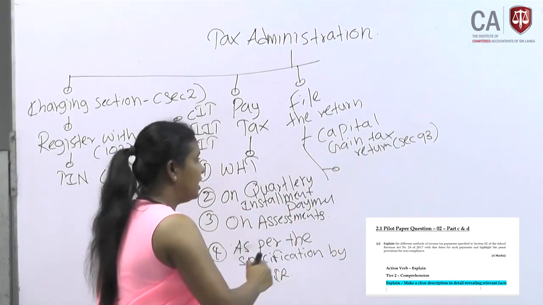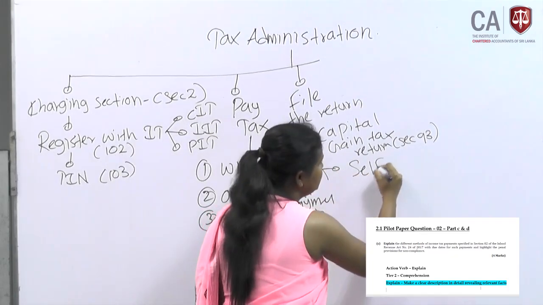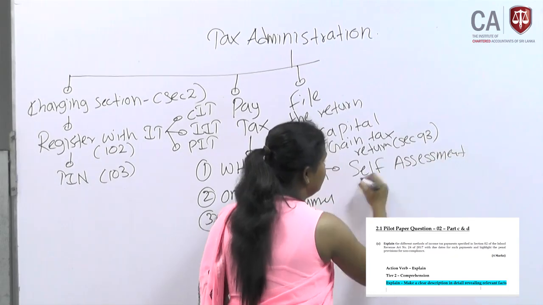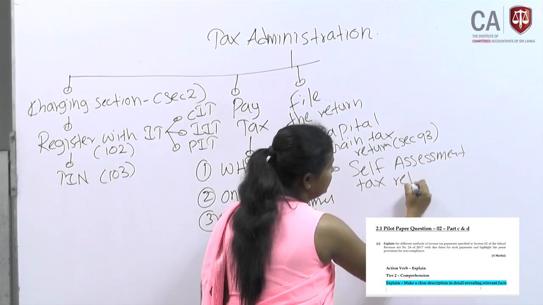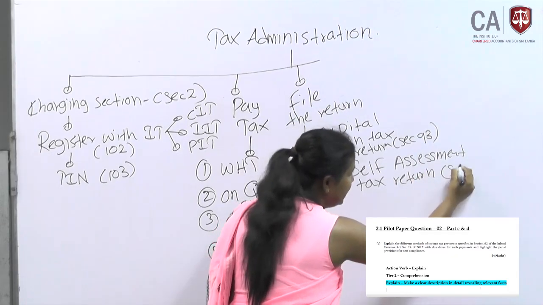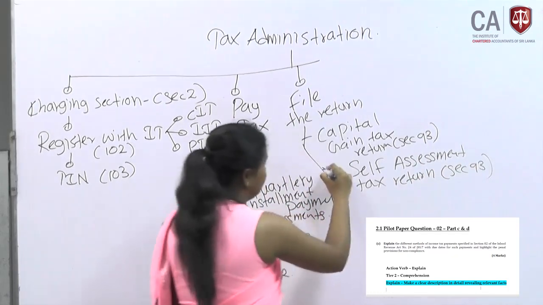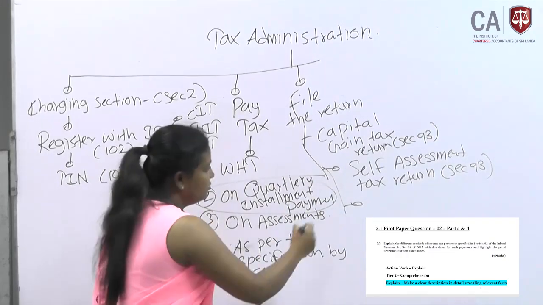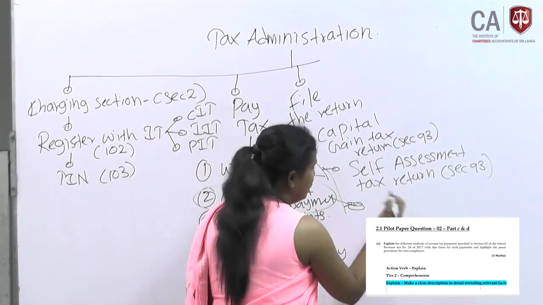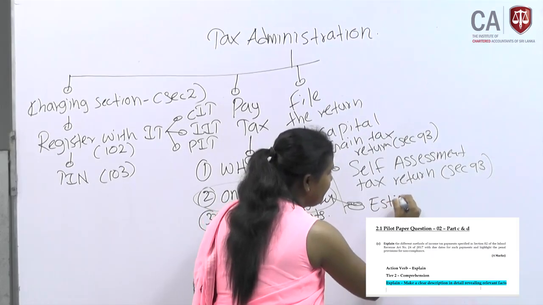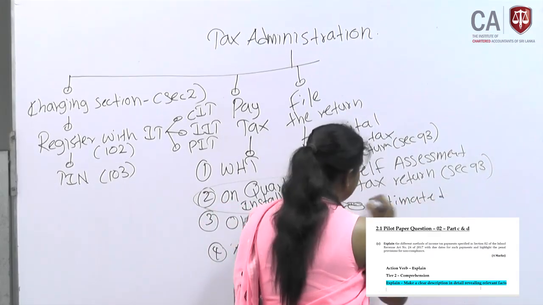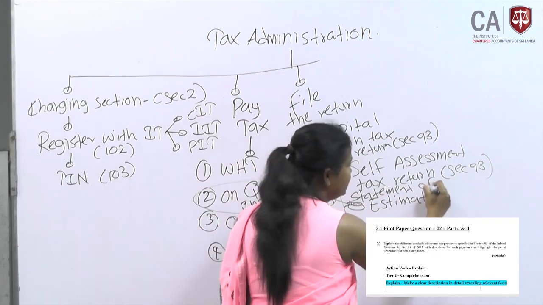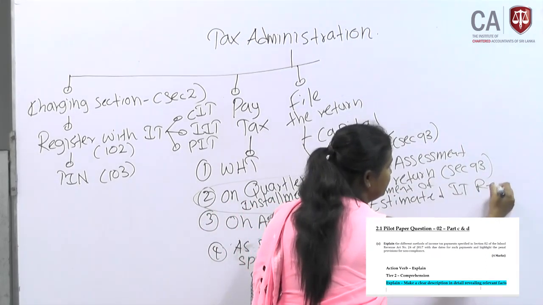Next, the self-assessment tax return, again in section 93. Then for the quarterly installment payments, we shall file a statement of estimated income tax return.